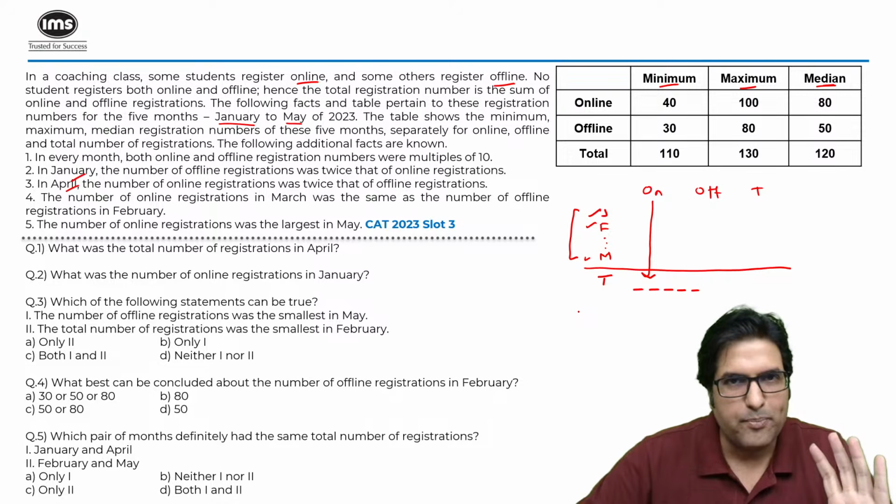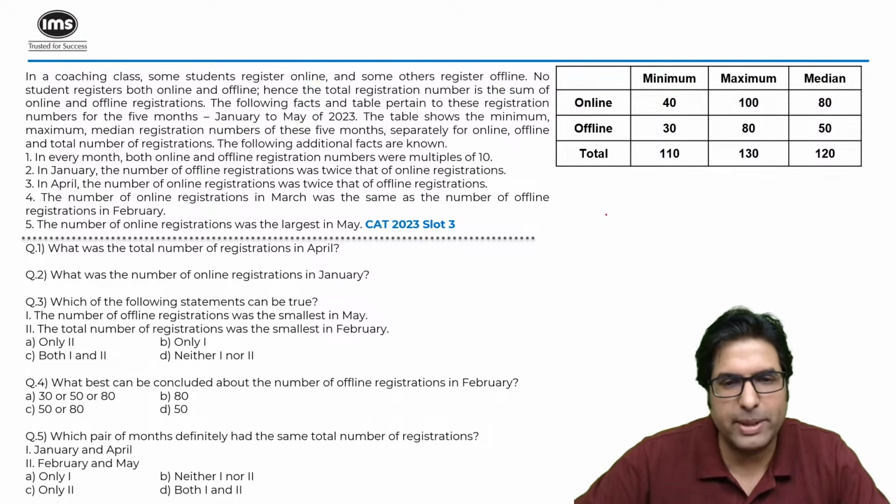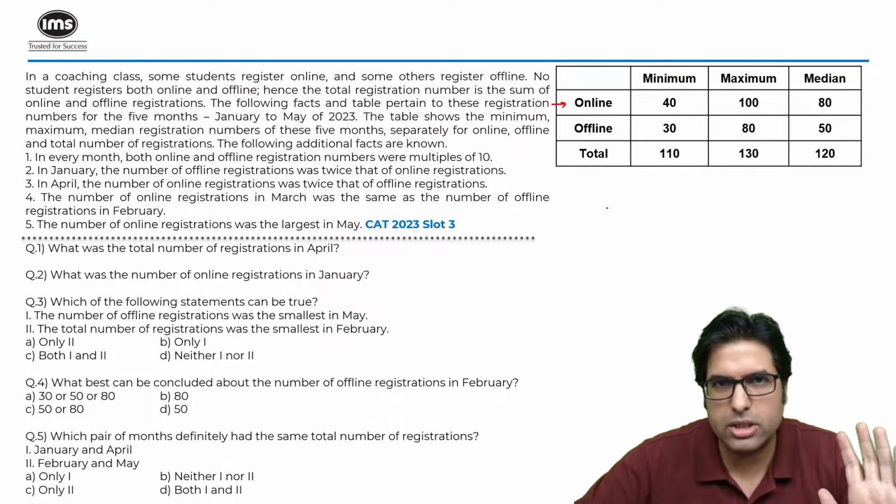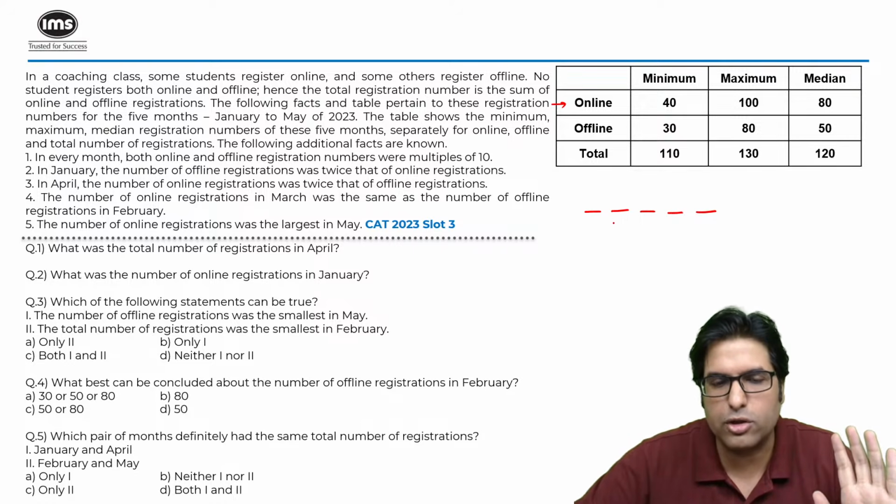I'll tell you why. If you create 5 spaces, let's say for online total, so across the column for online, we have 5 spaces. We don't know which month, which particular value corresponds to, but we know that there are 5 months from Jan to May.